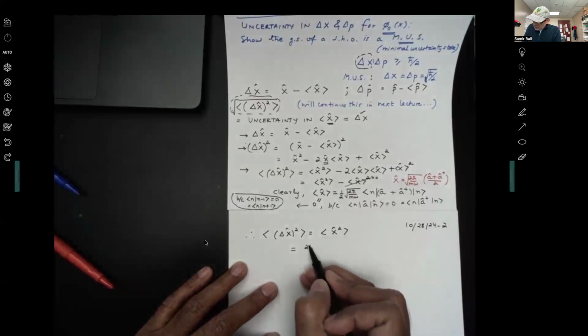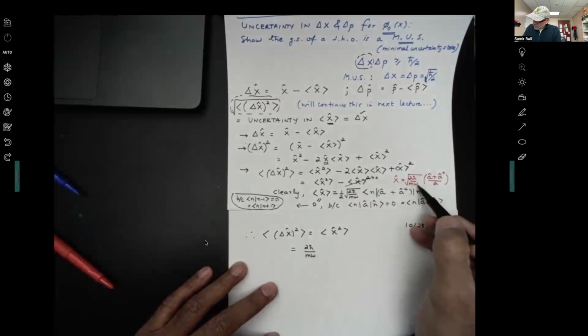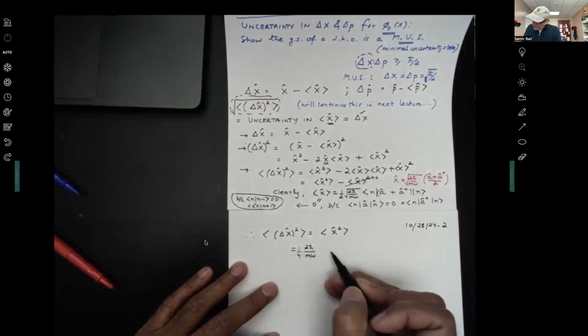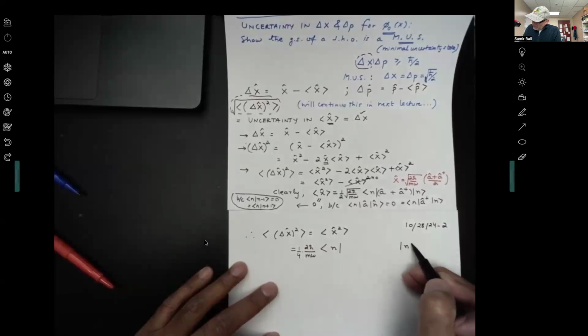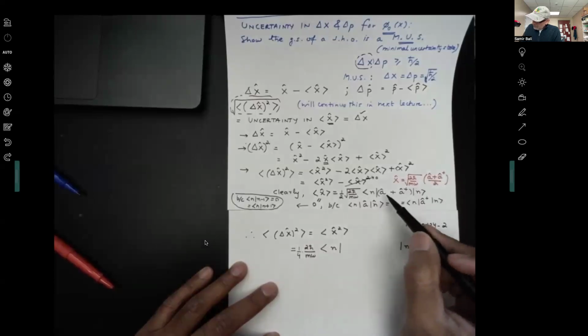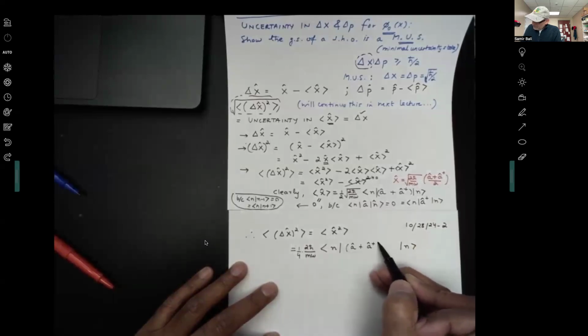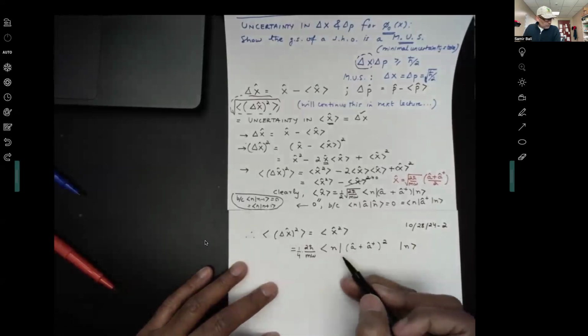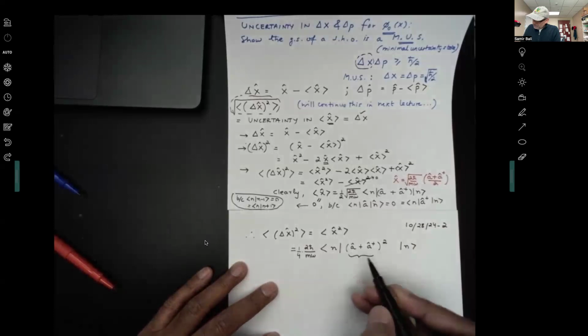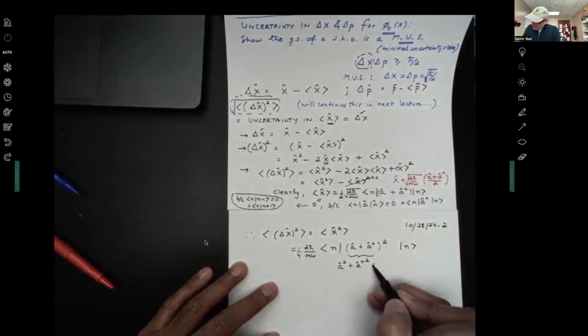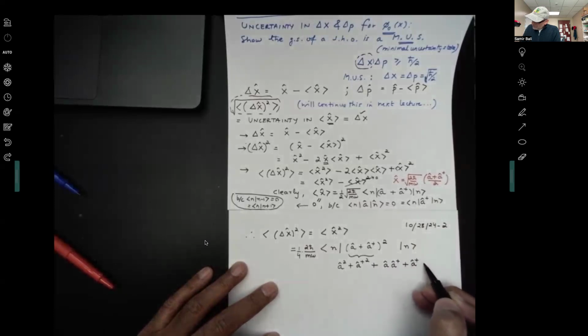So 2h bar over m omega, square of that. And then there's a 2, so a 1 over 4. And then I'm left with the expectation value between n and n of x squared, right? So that would be A plus A dagger squared. Okay. And this guy is going to be A squared plus A dagger squared plus A dagger A plus A A dagger.